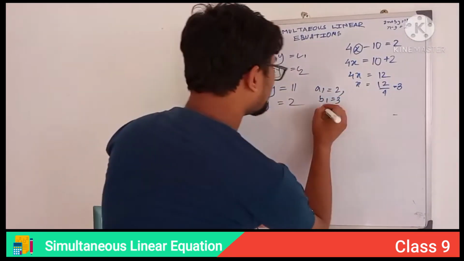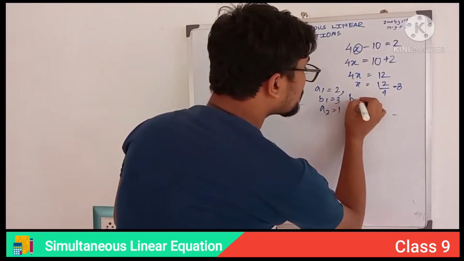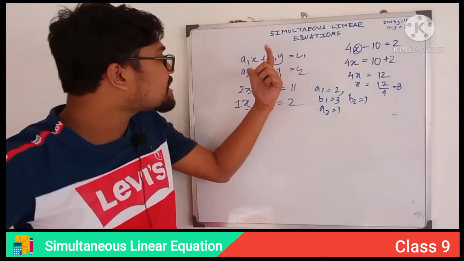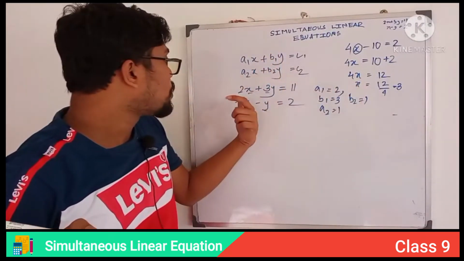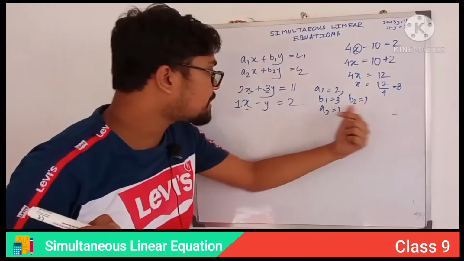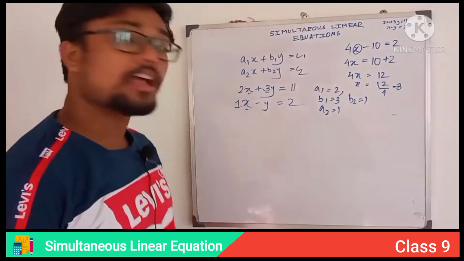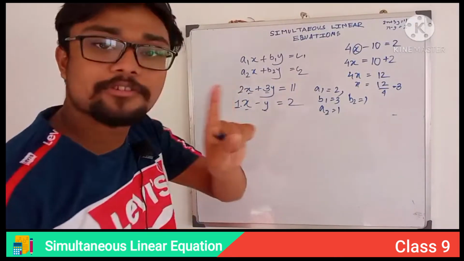So a2 equal to 1, and also b2 equal to 1. So a1 equal to 2, b1 equal to 3, a2 equal to 1, and b2 equal to 1.